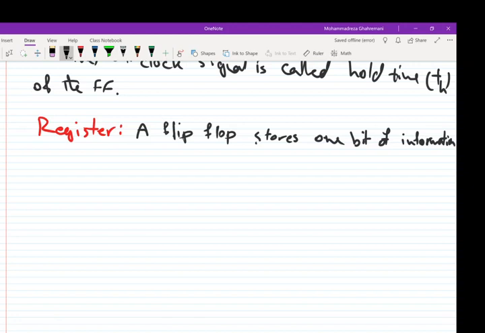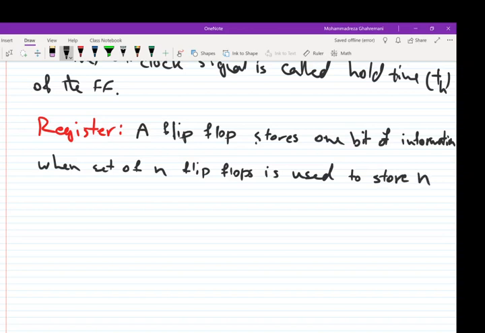Then a set of n flip-flops is used to store n bits of information, such as an n-bit number.